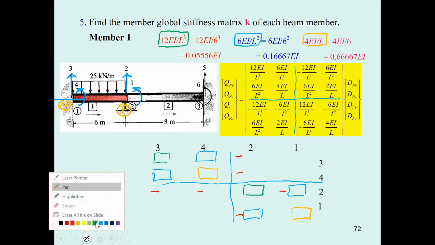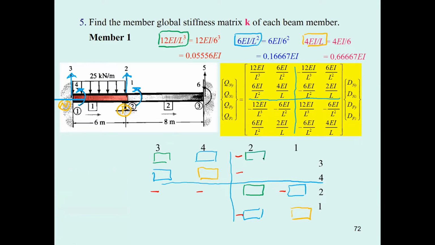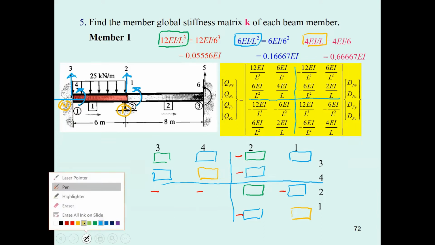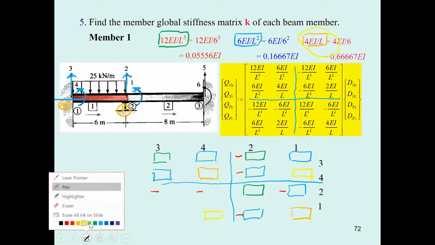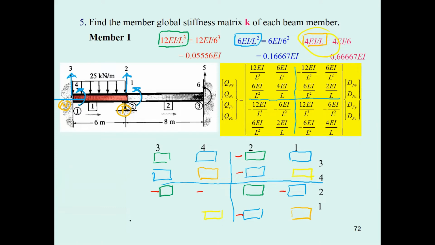And then again, you guys just try to put this one, and then the light blue is going to be this one and this one, and then you divide 4 EI over L over here by half. Let me put this one in the light yellow, okay, and then you copy this 2 EI over L over here, and then you just put your green over here and light blue into the position.